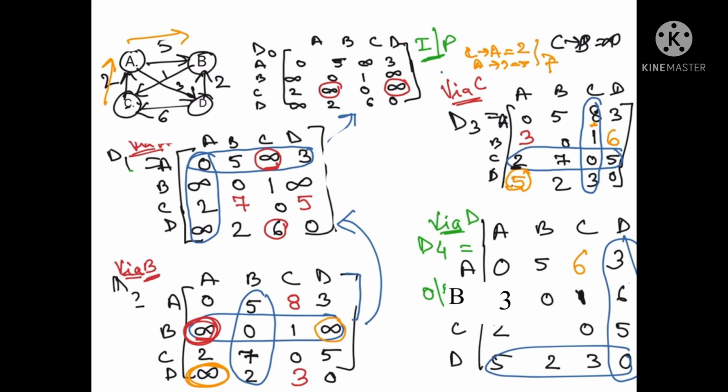The other way is C to A, then A to D, and D to B. So 2 plus 3, 5 plus 2, 7. So both ways it is 7 only. So this value will become 7. You go this way or that way, it is 7.